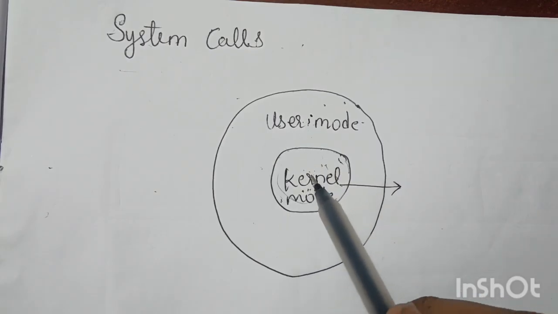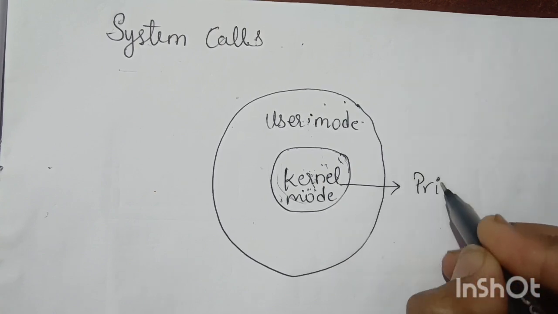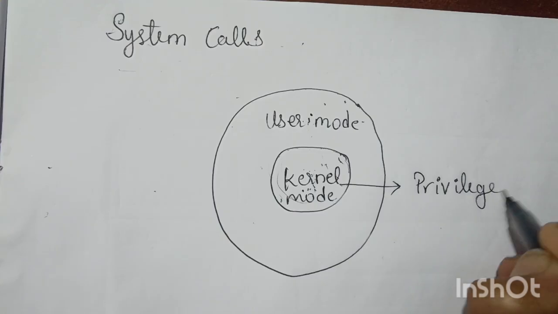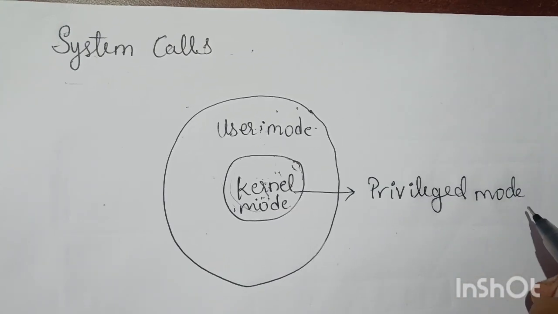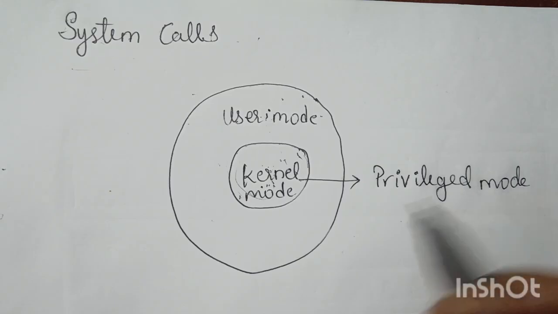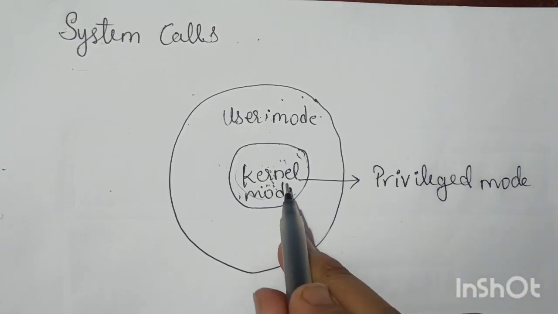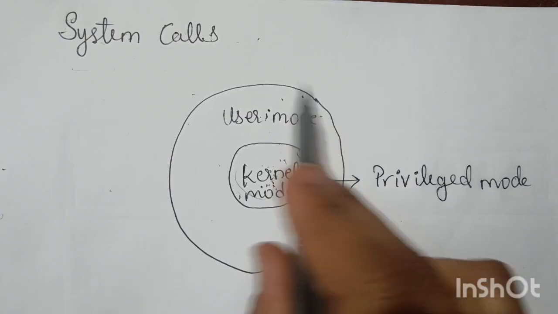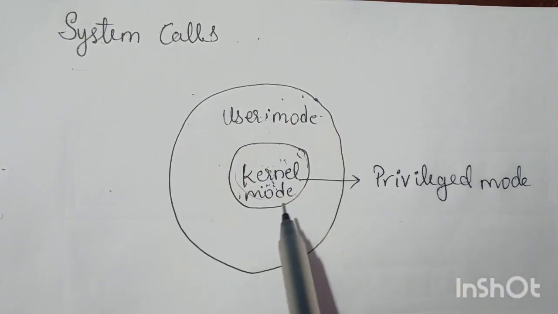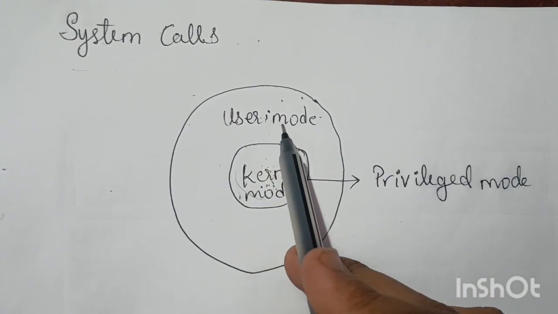That is the reason we call it a privileged mode, so that no other program has permission to execute here. If any program comes in kernel mode and gets an error and crashes, there is a chance of the entire system crashing or halting. Therefore we call your user mode a safer mode.